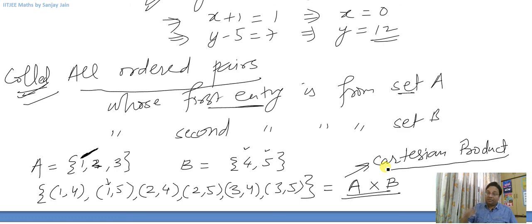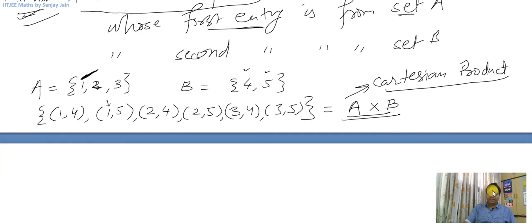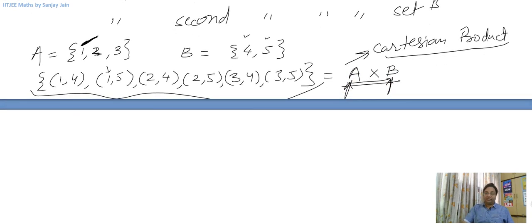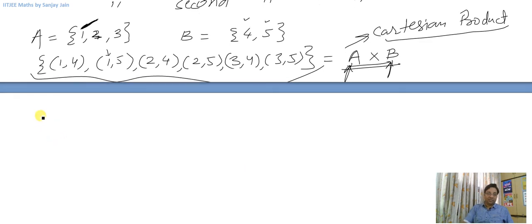So what is the Cartesian product of two sets A and B? It is a set of all the ordered pairs where the first entry is from this set and the second entry is from this set. What I mean is, if some student asks me, sir, what will be B cross A then?